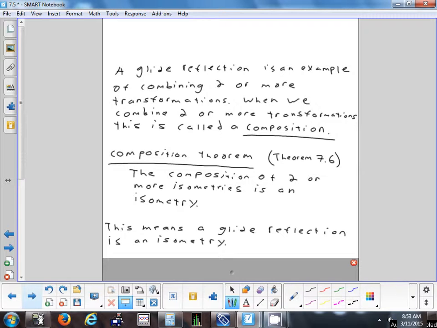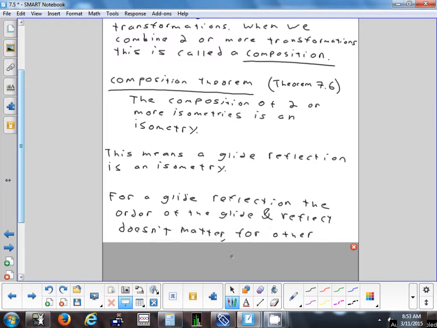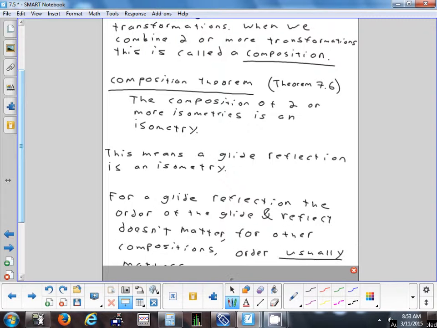Okay, so a glide reflection is an isometry. A glide is a translation, that's an isometry. A reflection, that's an isometry. Put the two together, you still have an isometry. We already said that for a glide reflection, the order that you do it in doesn't matter.